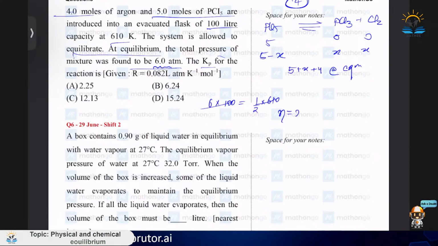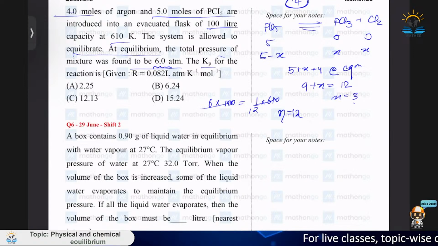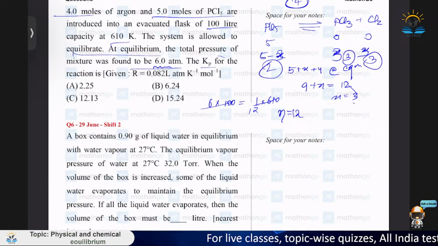Total number of moles are 12. So 9 plus X is equal to 12. X comes out to be 3. Put 3 here. So 2, 3, 3.